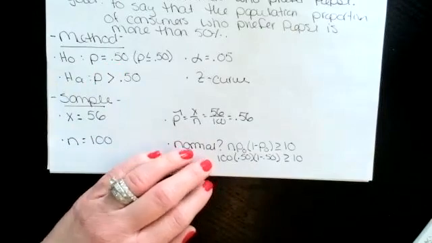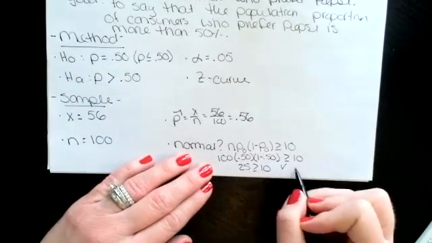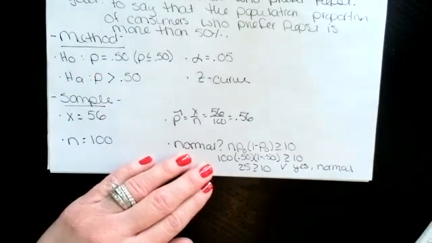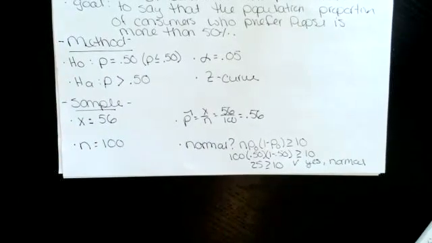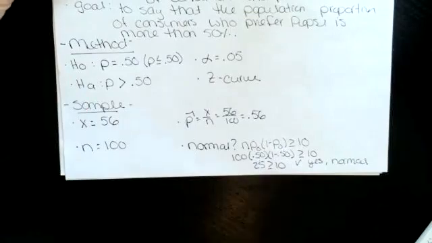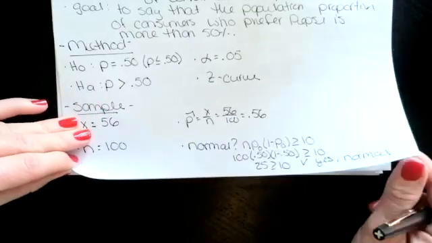Well, yes, it is, because it's 25. So I have 25 is greater than or equal to 10, so I can say yes, it's normal. That's what I look for in that step. That's a nice quick step. You don't have to think a lot other than what value we're plugging in for the normality check. It's just pulling the information out of the problem.